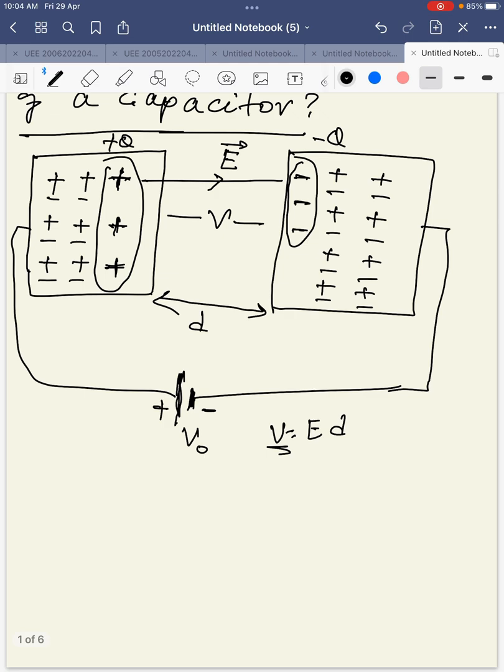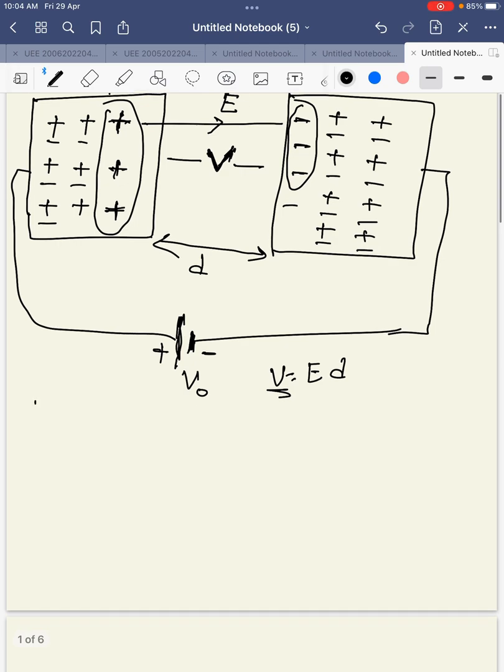As charging continues, or charge transfer from the positive plate to the negative plate continues, the charge stored increases. As charge stored increases, the voltage between the plates also increases. Let's use a symbol, an upward arrow, that means increase.